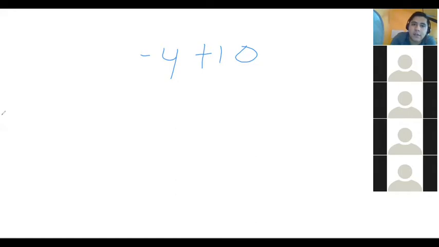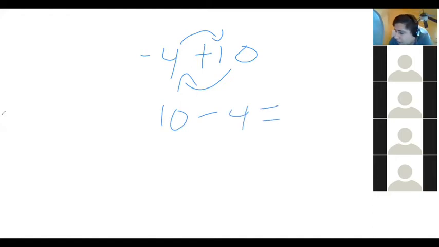Exactly. All we're doing is switching the numbers around. Did we change the problem at all? No. When I see -4 plus 10, I think that freaks some people out, but if I see 10 minus 4, what's that answer? 6. Exactly.